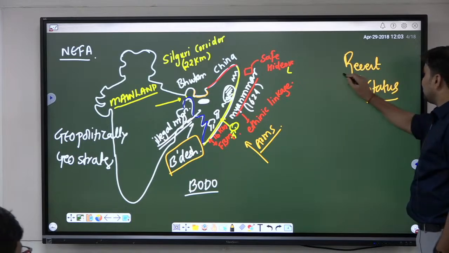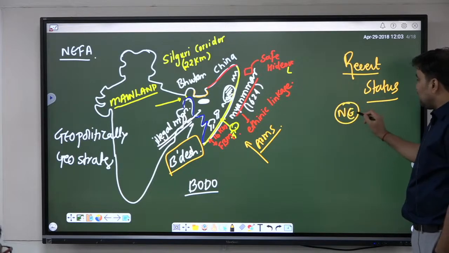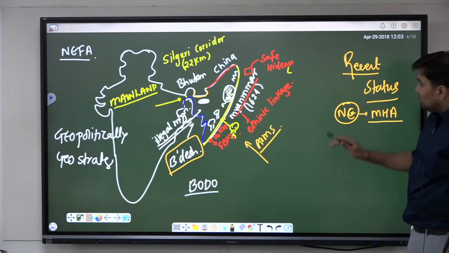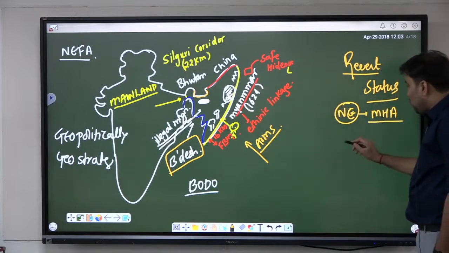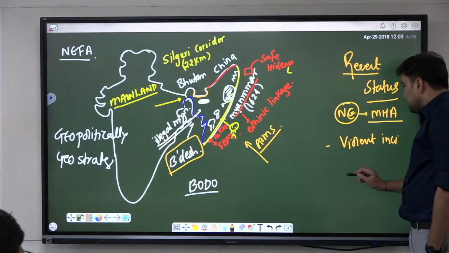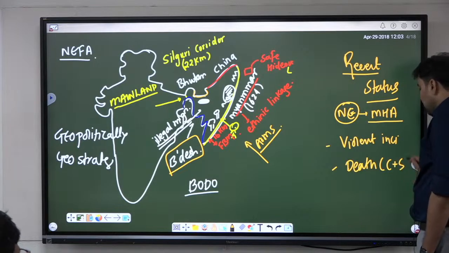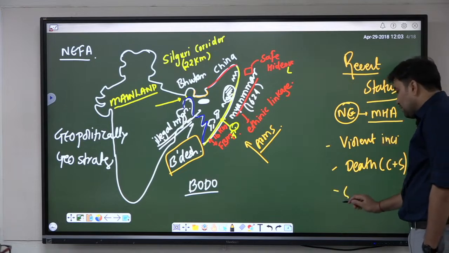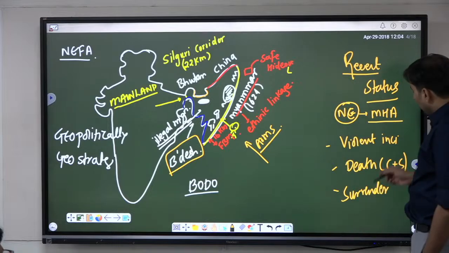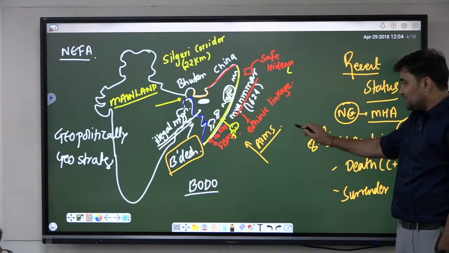Recent status of insurgency in Northeast India, as per MHA report: the total number of violent incidents, second, total number of deaths, of civilians plus security forces, and the number of surrenders by the different armed groups. Violent incidents have reduced by about 85% since the 1990s.